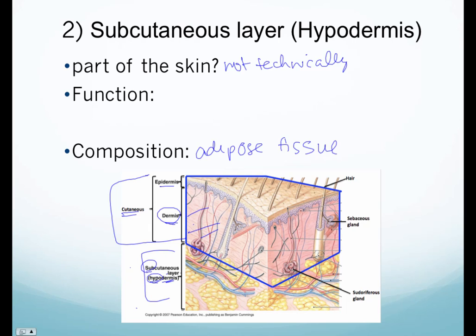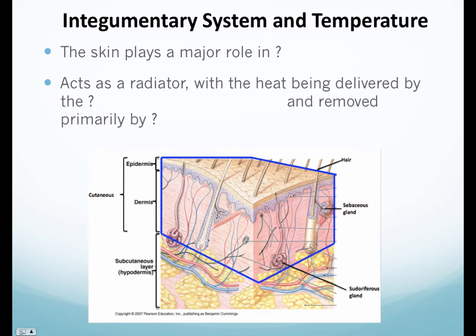So two different terms that you can use. And the function, once again, anchors the skin to underlying organs. Okay, so that's all you really need to know for this hypodermis. Not too much from that, right?